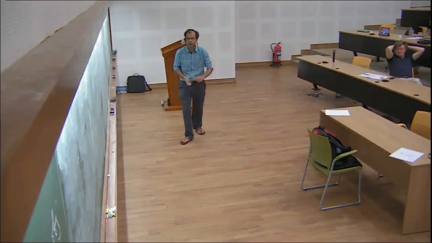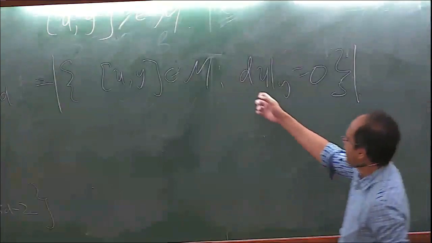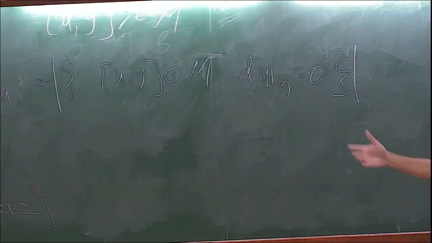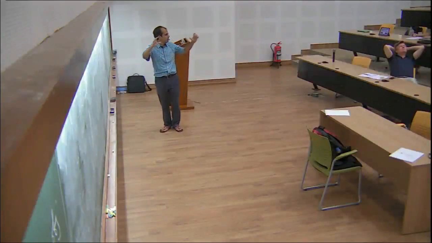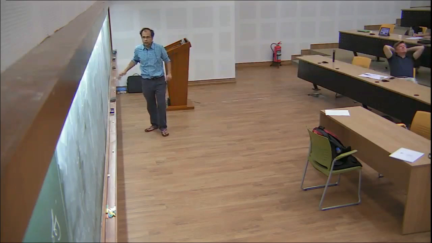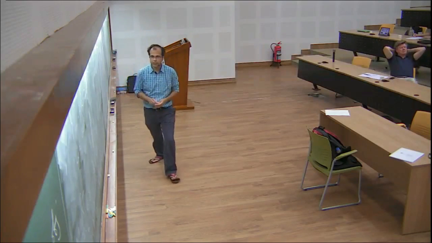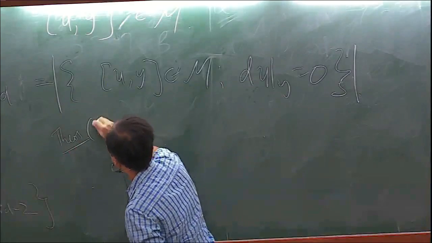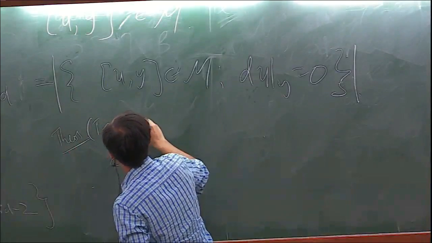Now what is going to be the basic idea? The basic idea is this: taking the derivative at the marked point, I'll interpret that as a section of some bundle and I'll compute its Euler class. Let me first state the basic classical fact, which is a classical topology fact.